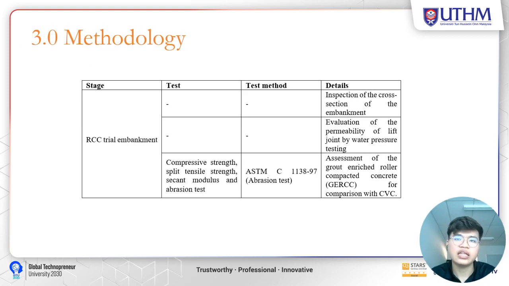Lastly, the selected mix design should also have a trial placement before the proper placement, which can be inspected and evaluated based on the site production for the trial embankment to evaluate the permeability and also the in situ strength.